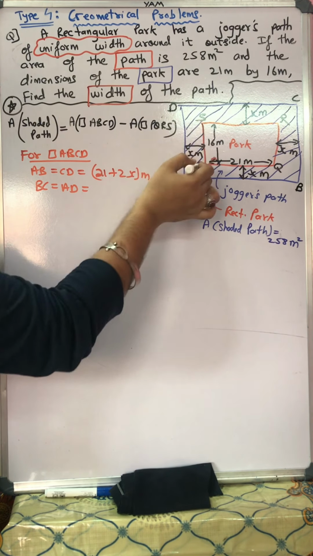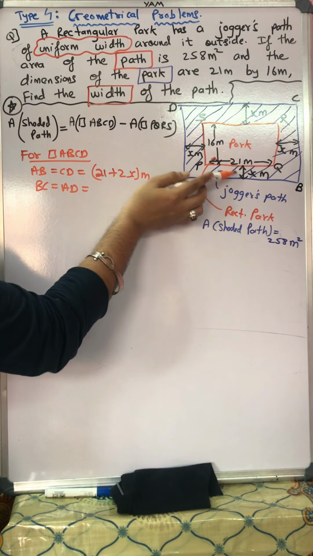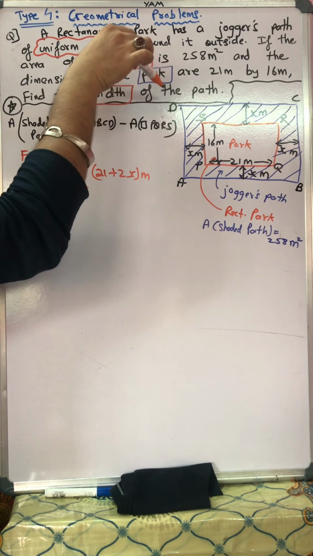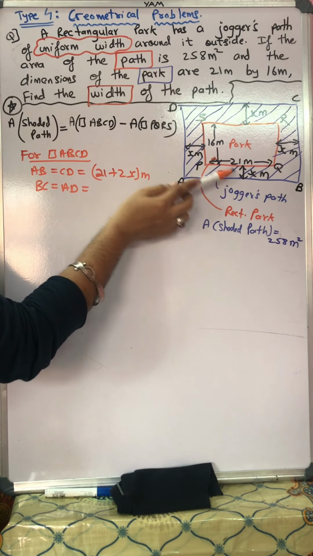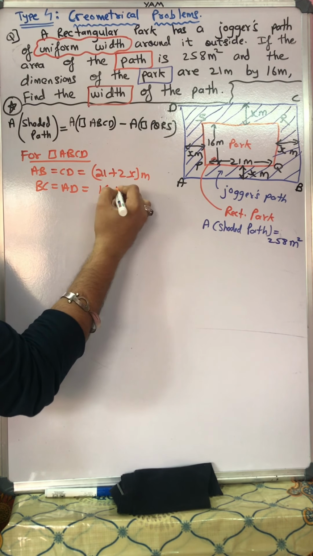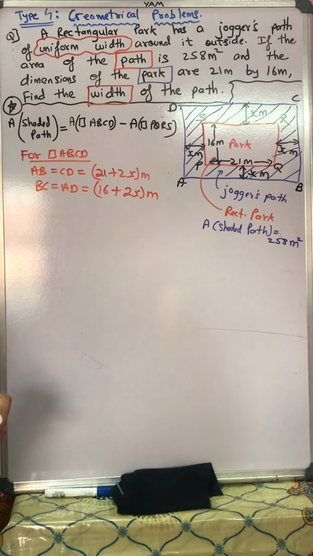Now pay attention here, the measure of PS is 16. But if I add this X and the above X, I get the entire AD. So 16 plus 2X gives me the entire AD. So I got the dimensions.